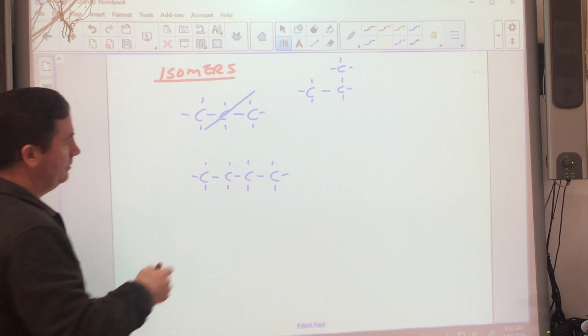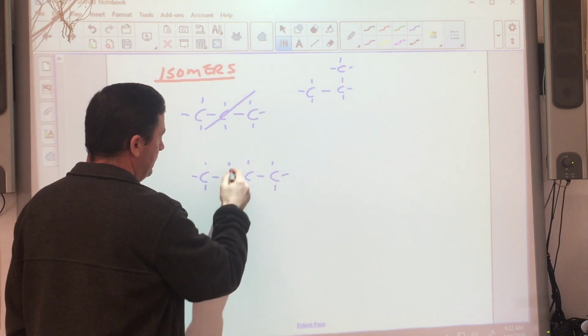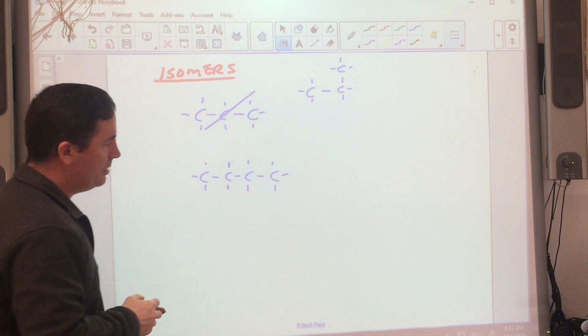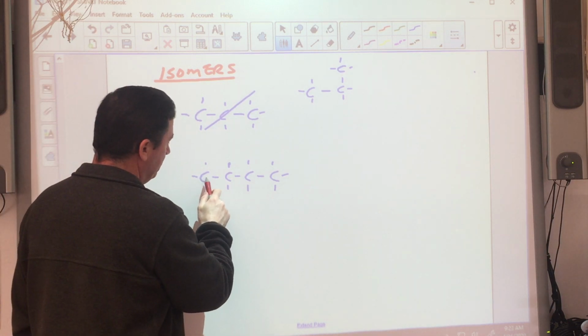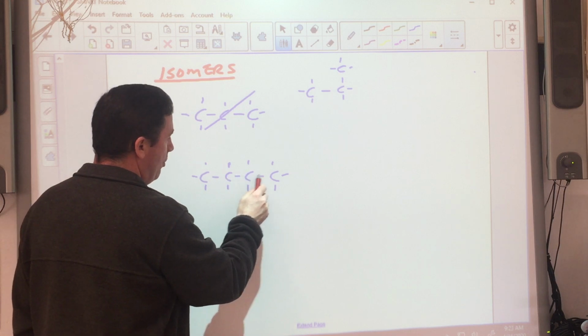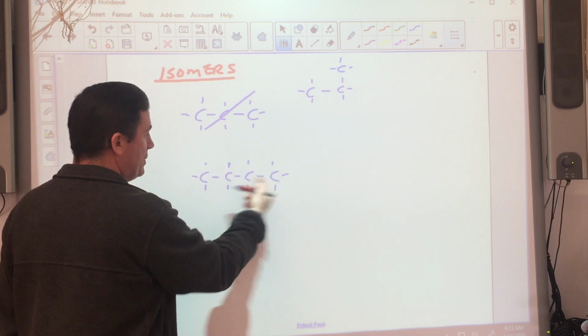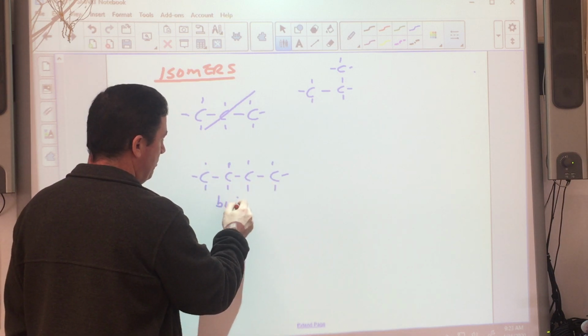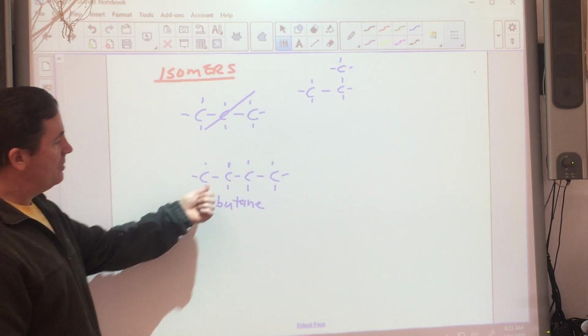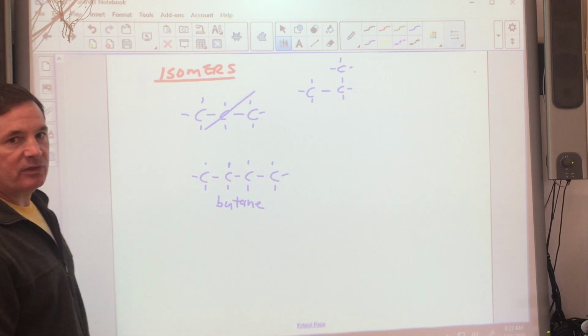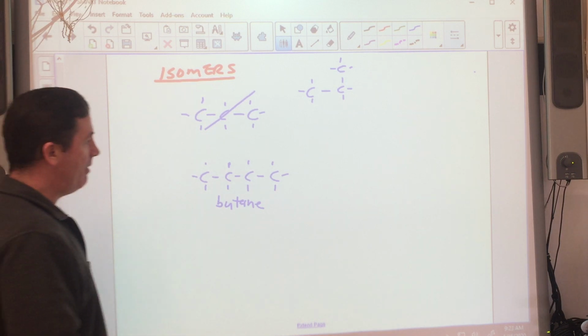So here is a four-carbon molecule. You name it in your head. I've got 4: meth, eth, prop, and but. Only single bonds. This is called butane. Now maybe you can see that you can arrange this differently to get something different.